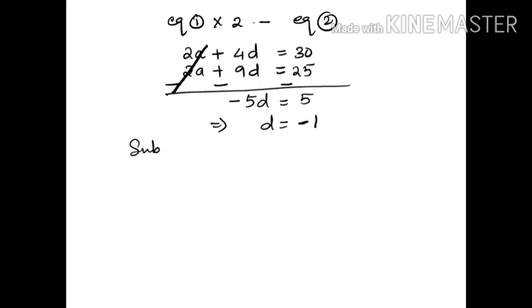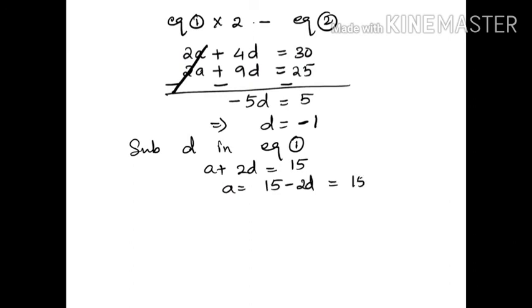Now we can find the value of a by substituting d in equation 1, which is a plus 2d equal to 15. So a is equal to 15 minus 2d, that is equal to 15 minus 2 times minus 1. This gives us 15 plus 2, which is equal to 17.